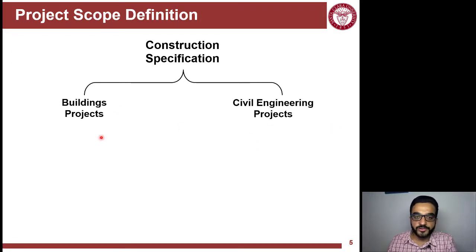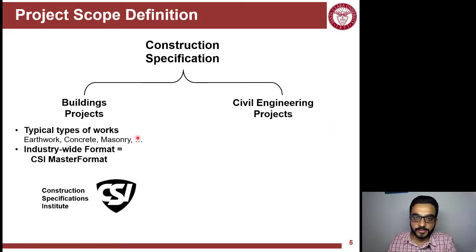Building projects include the typical type of work we see in buildings: earthwork, foundation, concrete, masonry, and steel. Buildings are typically standard in terms of the scope of work involved in each one. They're still complicated, but a building will require excavation, and that's a known package.